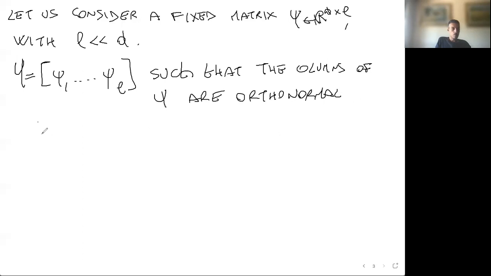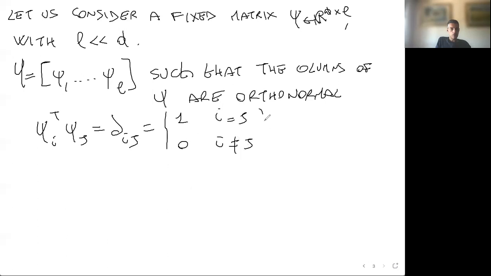In other words, psi_i transpose psi_j equals delta_ij, which means 1 if i equals j, and 0 if i is different from j, with i, j going from 1 to L.